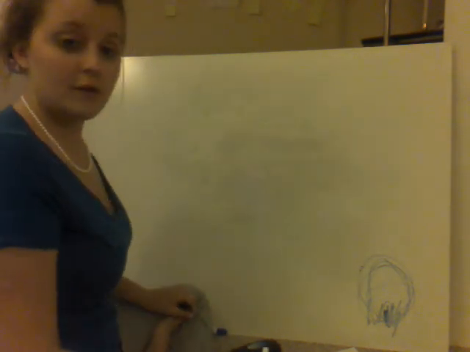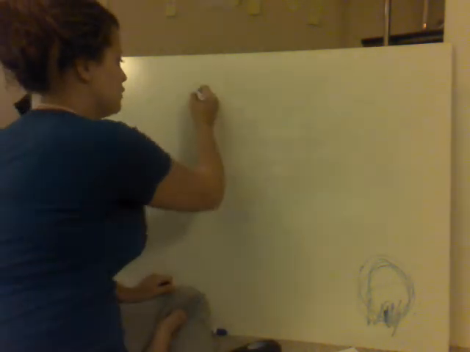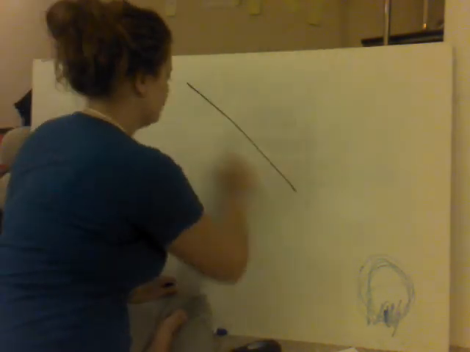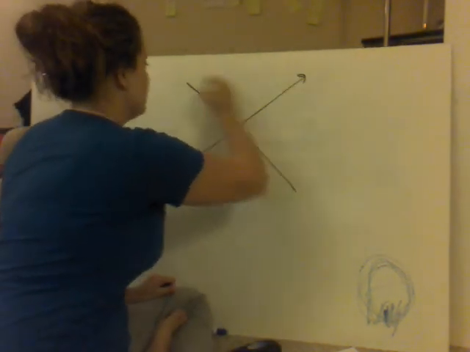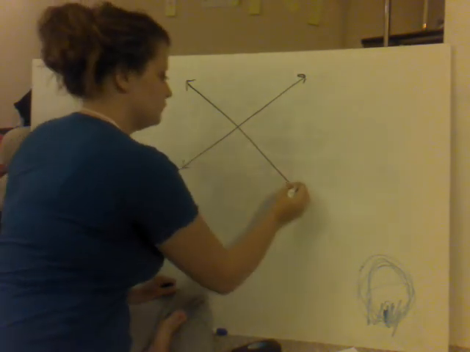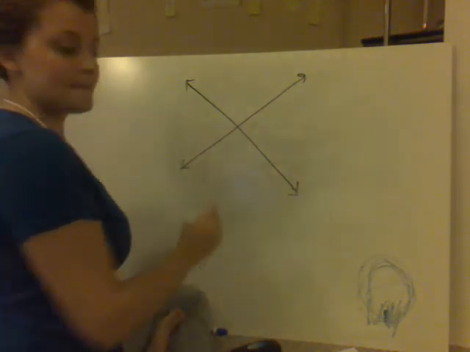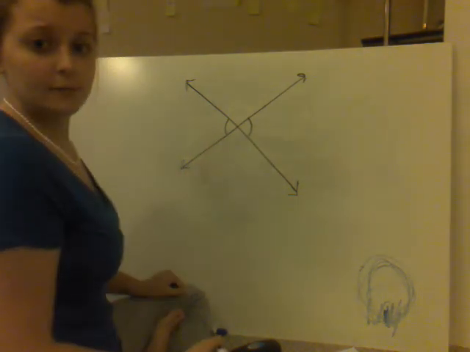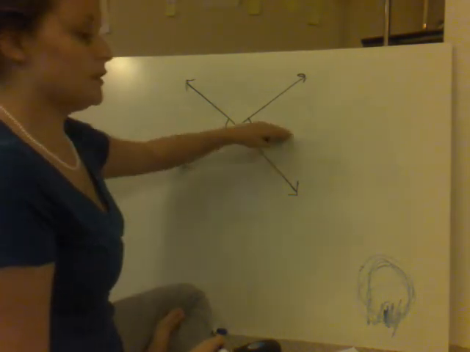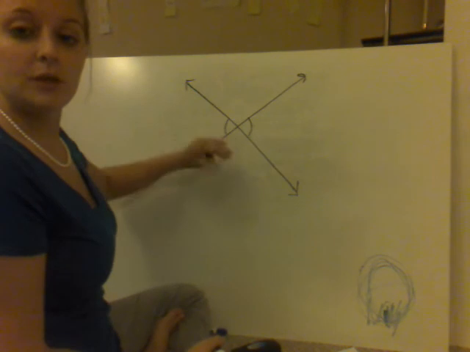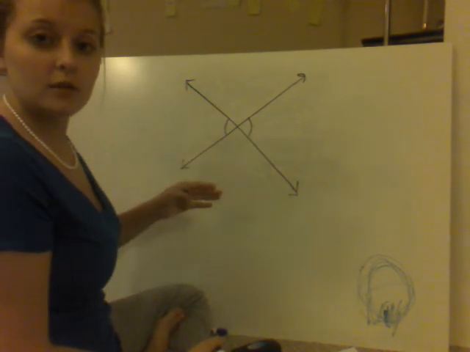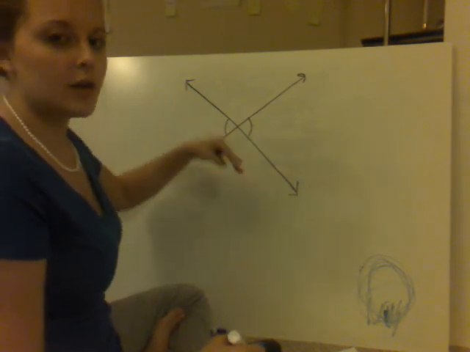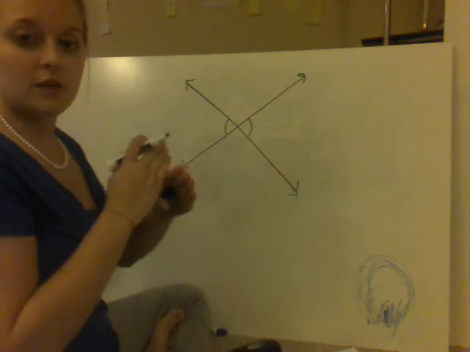Alright, next up is our vertical angles. So I've got two lines. They're going to cross each other. Vertical angles. This is equal to this because I have just simply two lines crossing each other. It doesn't matter which angle they're coming in at, they're just two lines crossing each other.